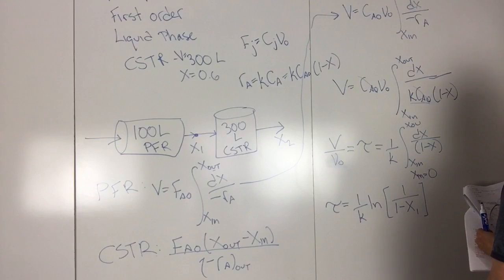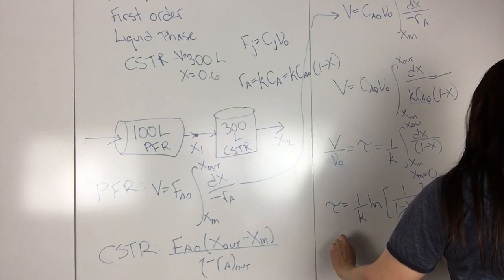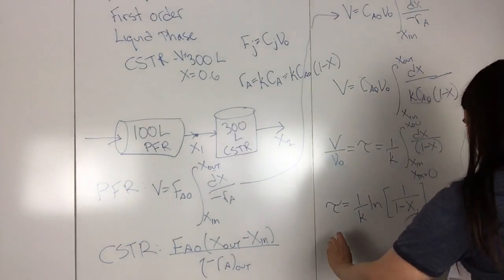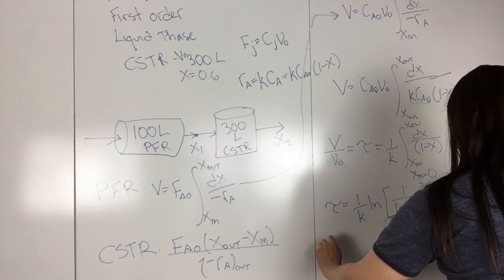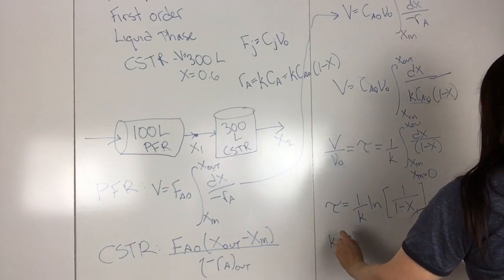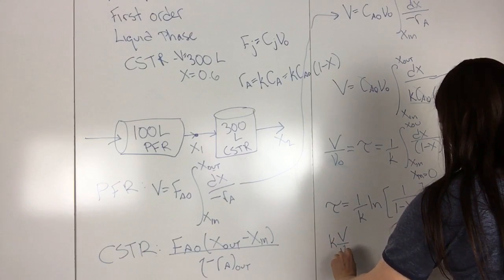Changing this again a little bit, I'm going to multiply through by k. I'm going to switch tau back to V over V naught.